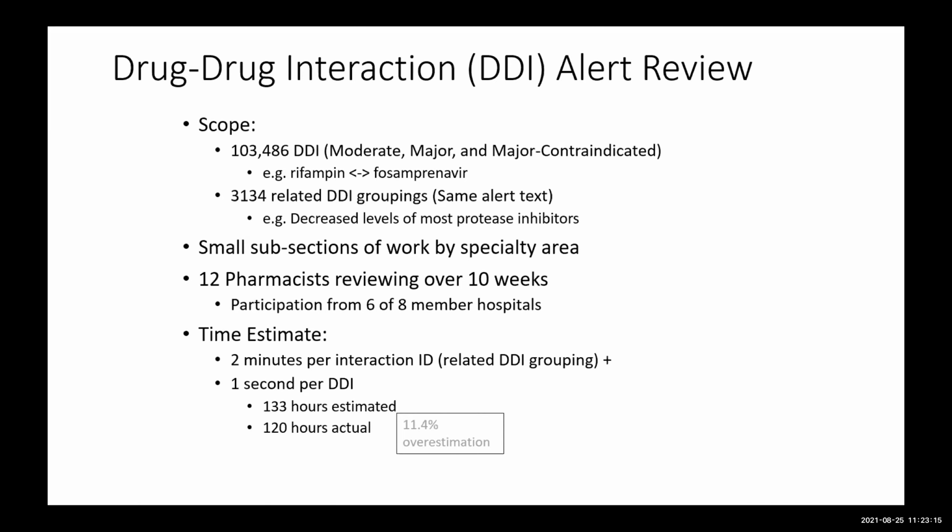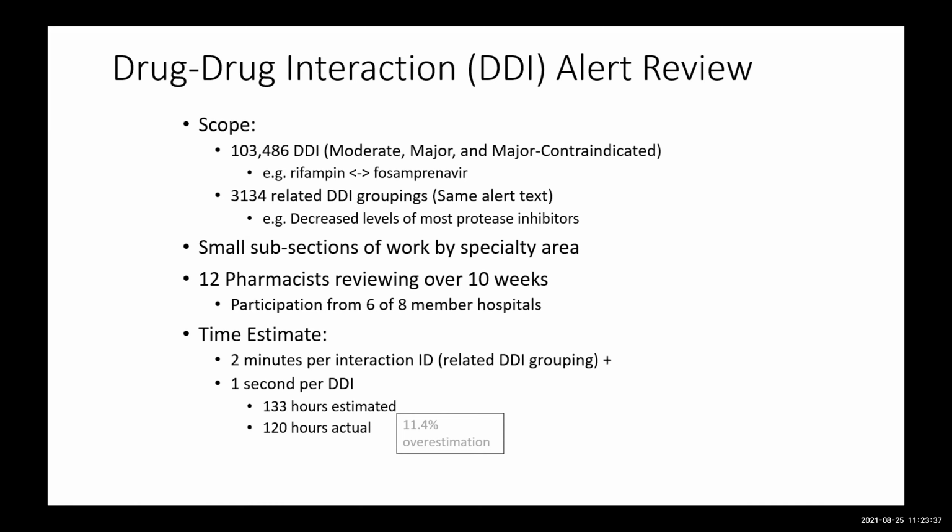So that made it easier for a batch review to occur with specific exceptions as pharmacists felt necessary. We subgrouped that by specialty area so that pharmacists with specific backgrounds, with familiarity in certain areas, could be better suited for specific subsets of that review, where that was possible.